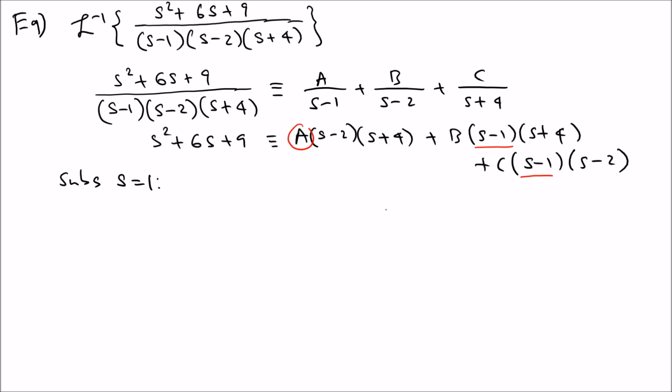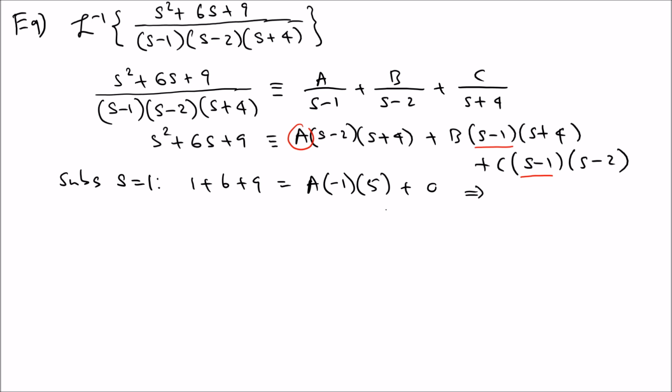After you do that, you're going to get 1 squared plus 6 plus 9, 16, equal to A times, you plug in s equal 1, so you get negative 1 and then 5, and everything else is 0 because all those terms go, and then you get A there. So what is A?